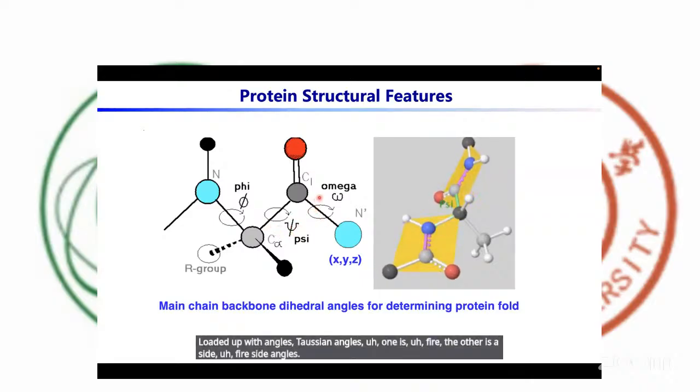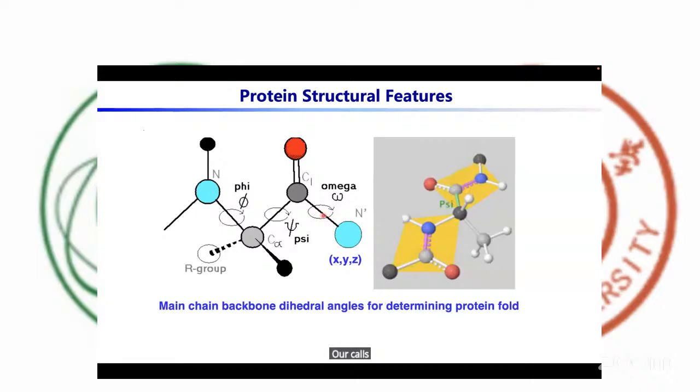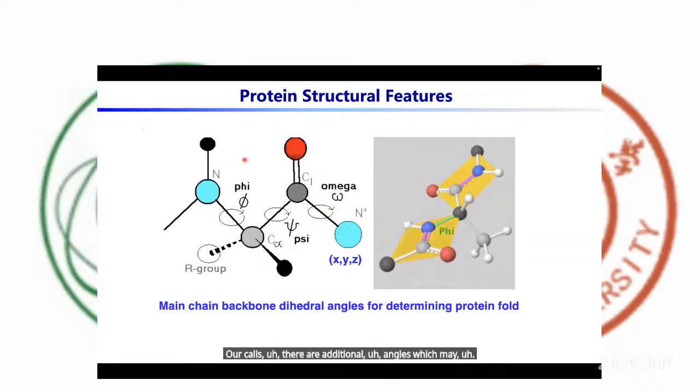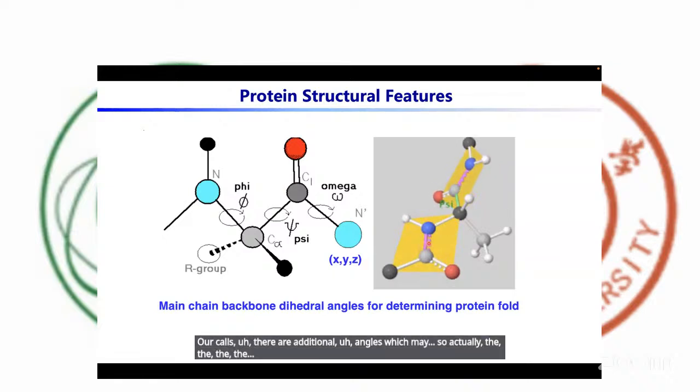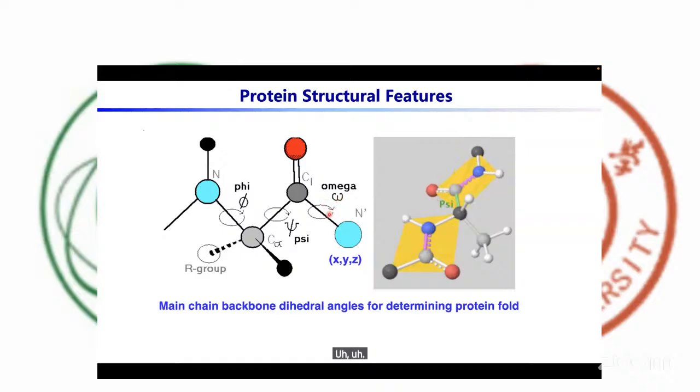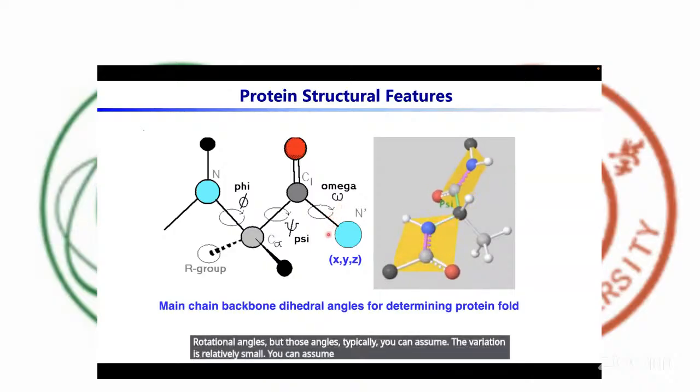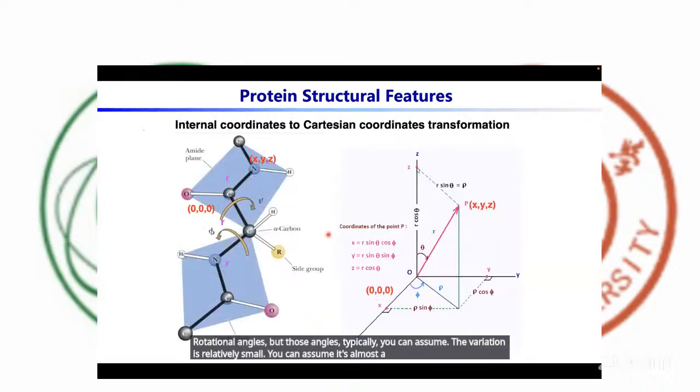Of course, there are additional rotational angles, since the surrounding unit may not necessarily be a totally rigid structure, but for those angles you can typically assume the variation is relatively small. You can assume it's almost a rigid type of structure.